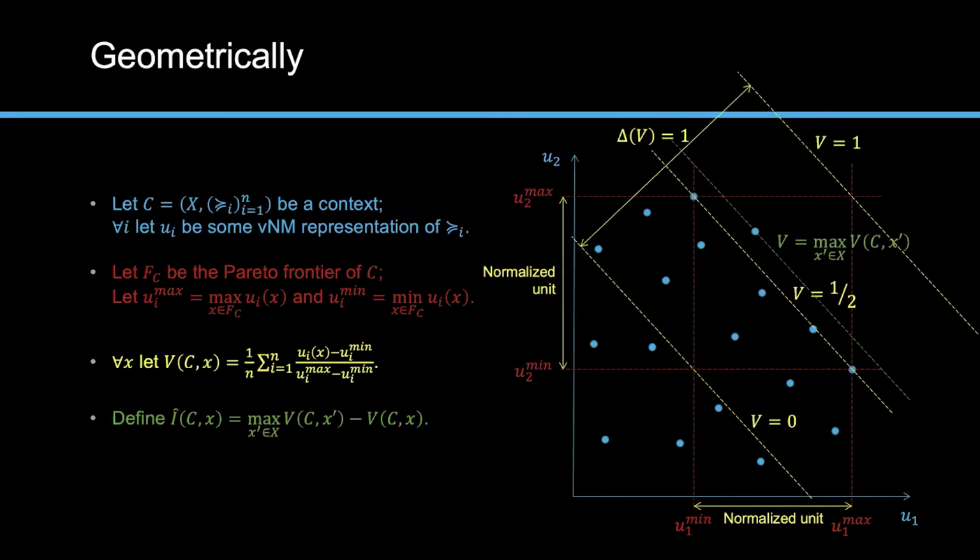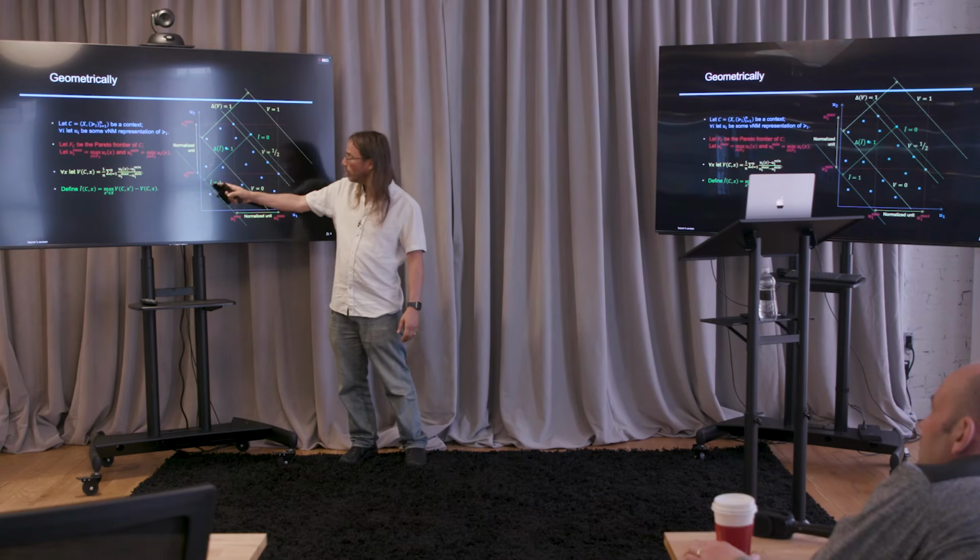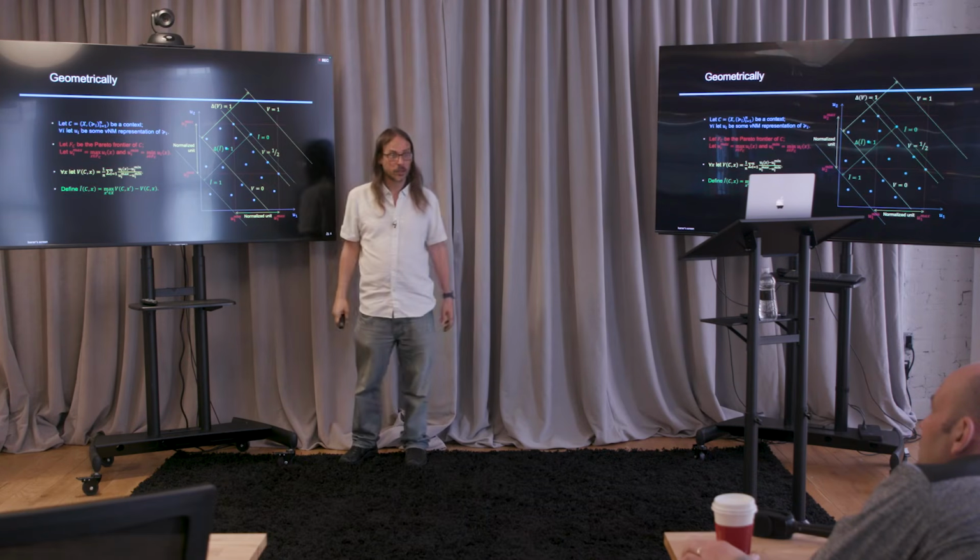This is the maximum of v across all alternatives in the context. So we call this I hat equals 0. And then we count back from 0 in the units of v. So if this was the unit of v, this is the unit of I hat, and this is the line of I hat equals 1. This is inefficiency 1. This is inefficiency a bit more than 1. These are between 0 and 1.